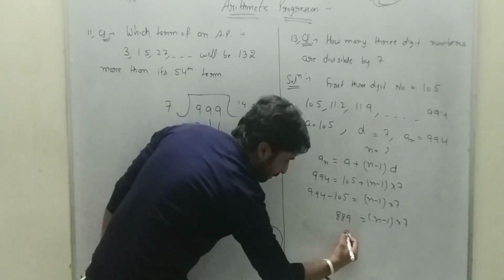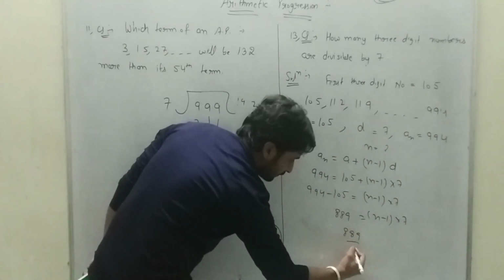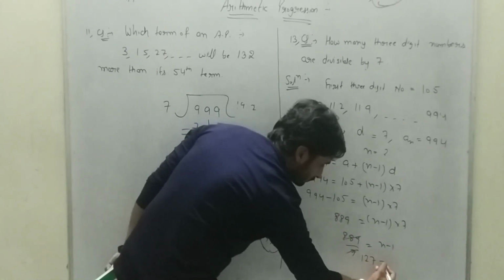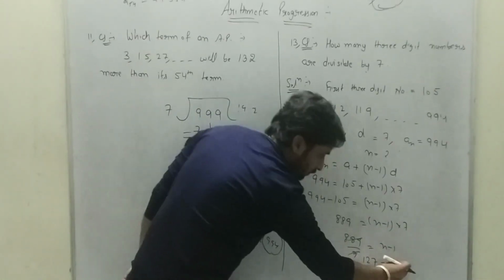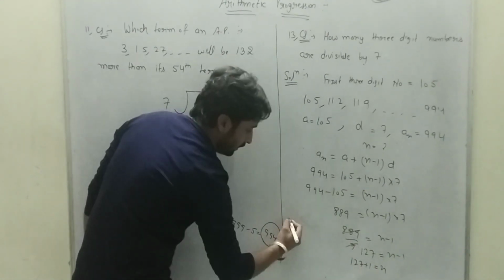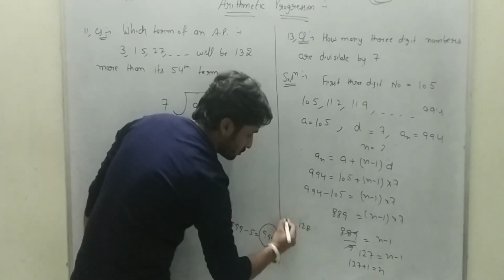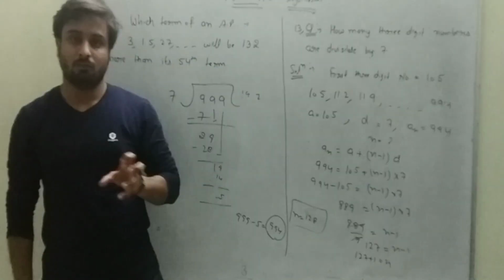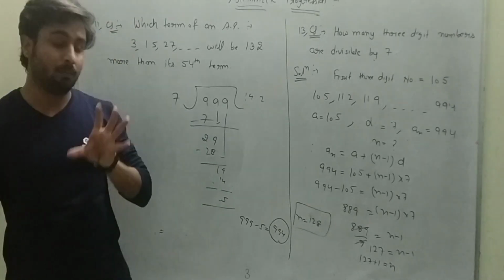Divide 889 by 7. It will be 127. Now add 1. So n will be 128. So there will be 128 3-digit numbers which are divisible by 7.